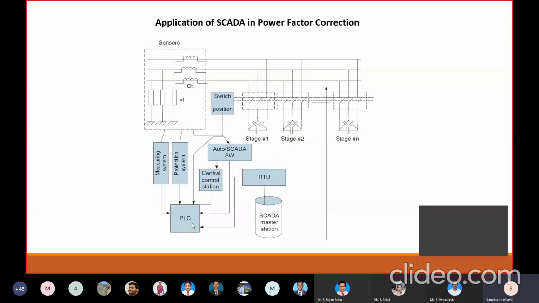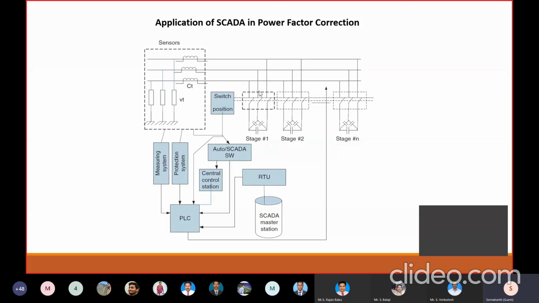Here an auto and SCADA switch will be there. What is the switch for? When SCADA goes offline, it will work as an independent system. There is no connection with the master. It will work automatically without the master.